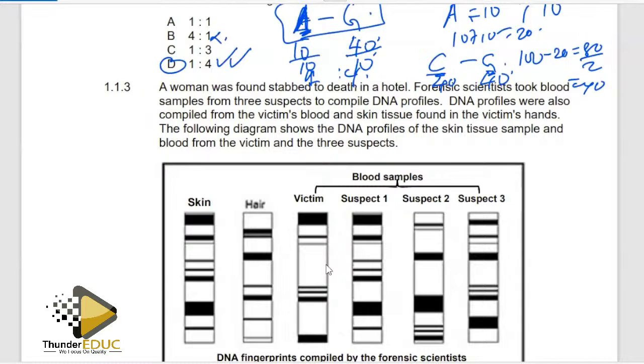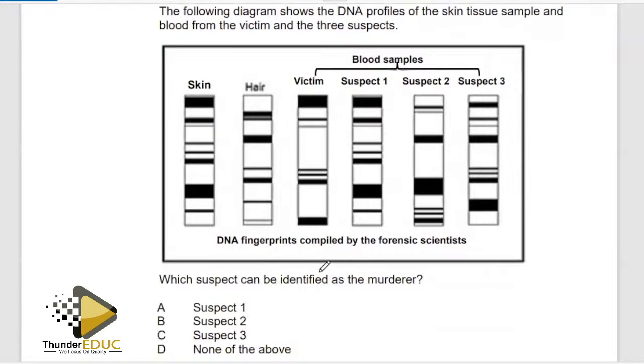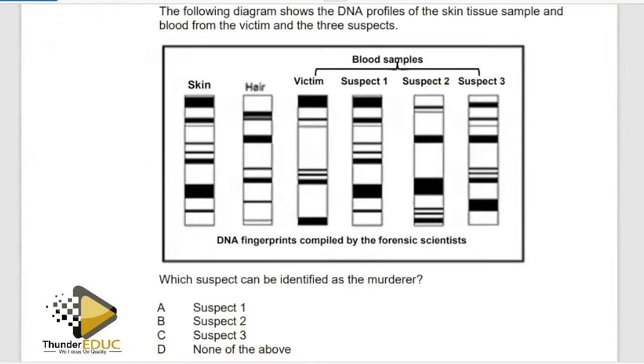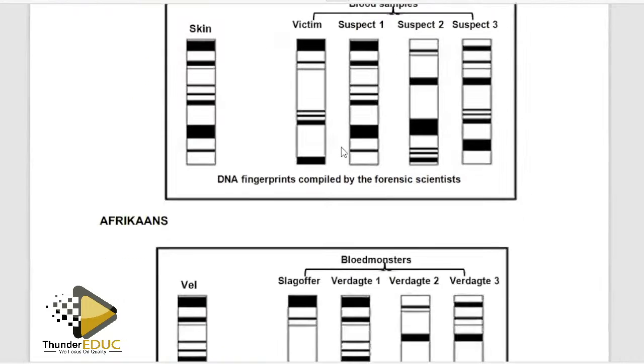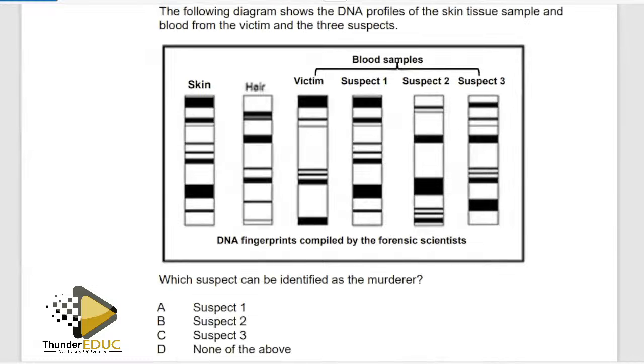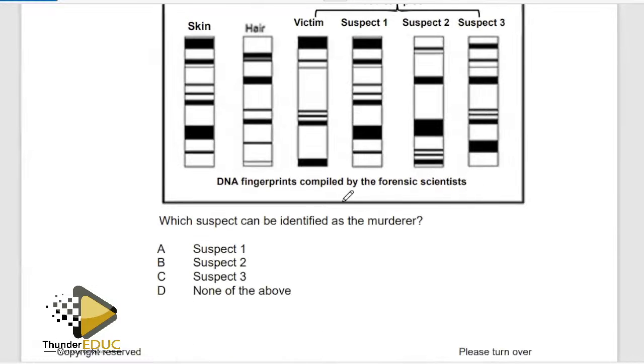The following diagram shows the DNA profile of the skin tissue sample and the blood from the victim and the 3 suspects. All right, so here they gave what you call the DNA profile. So if you look at that, what's the question asking? They're saying which suspect is identified as the murderer.